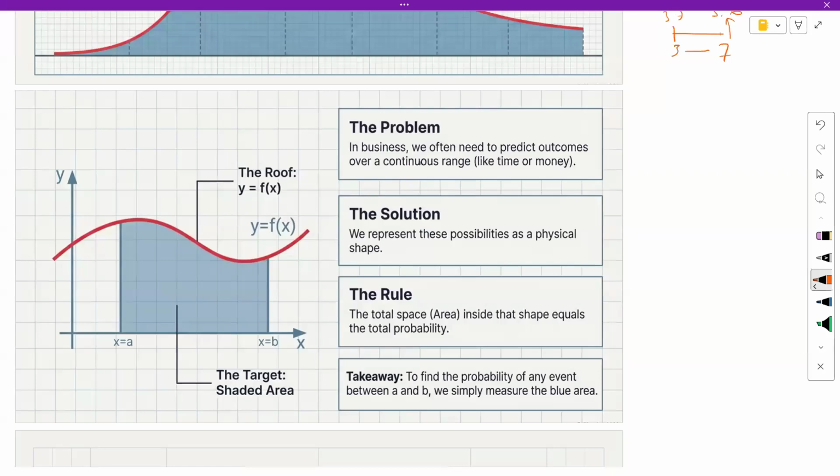In business, we often need to predict outcomes over a continuous range, like time and money, for example how much sales we are going to make next month. It may be 2 million, 2.5 million, 2.3 million. It takes any value. We represent these possibilities as a shape, or a function.